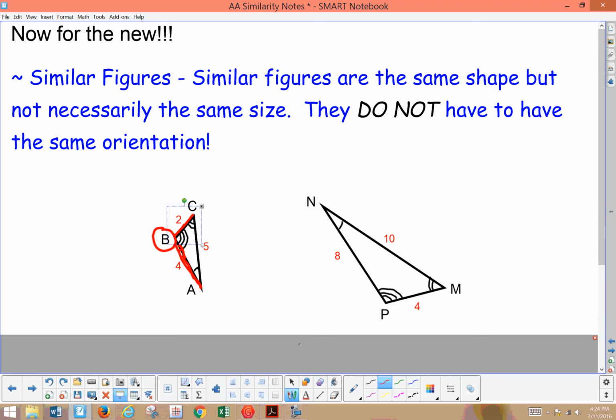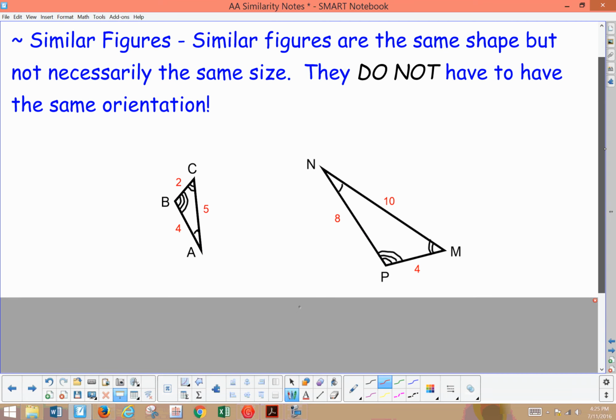If I came to my other shape, the shape over here on the right, if I find where the two smallest sides intersect, the two smallest sides intersect at the point P. Do you notice how the point B in the first figure is on the left of the figure, but the point P is actually down in the figure? That tells me that these two are not dilations of each other. Instead, they're just similar figures.